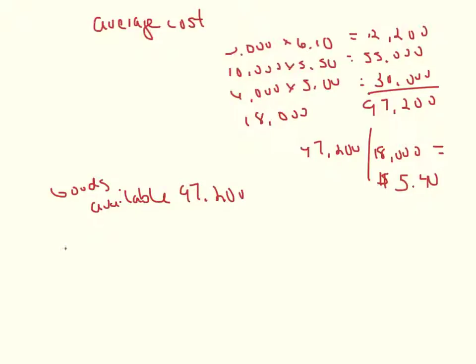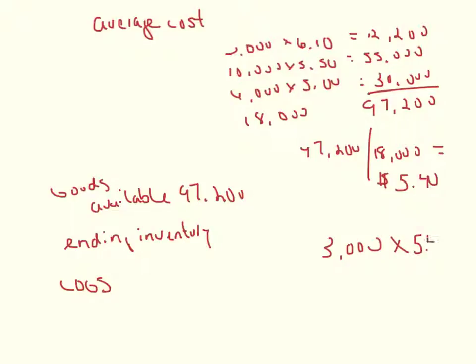Then you need to know your ending inventory. And then we can back into our cost of goods sold number. In this case, we still know it's 3,000 is our ending inventory. They give us that August 31st. It tells us inventory on hand is 3,000 at, we're going to use this average cost at 540. This will give us 16,400 units sold or remaining.